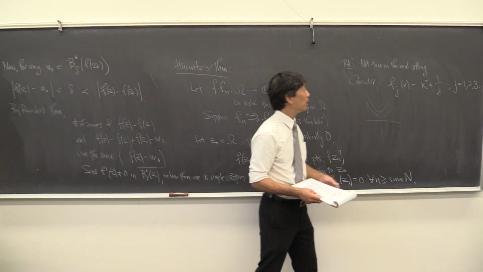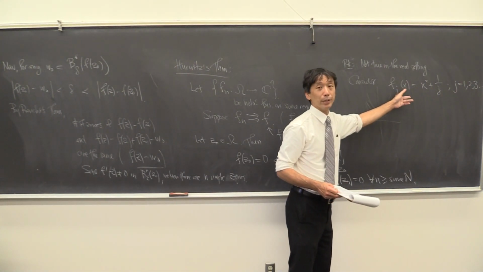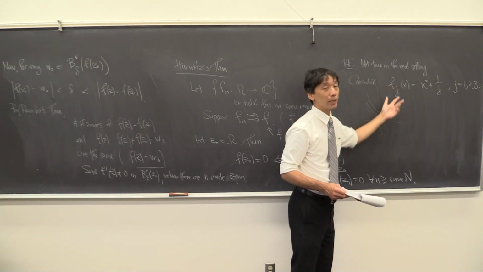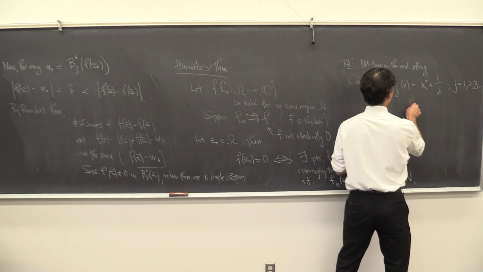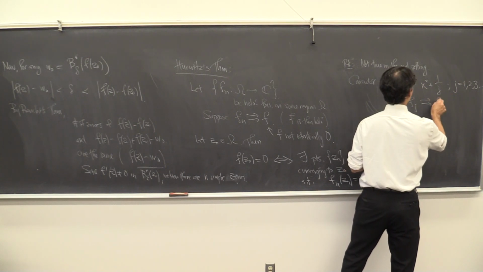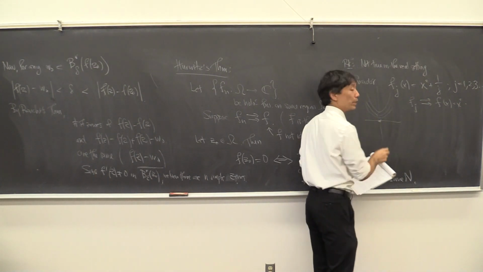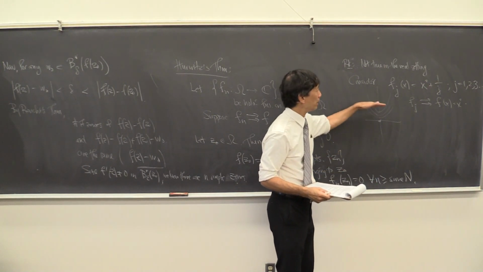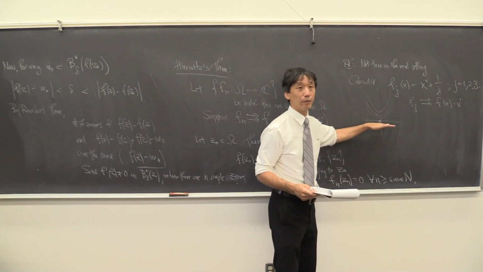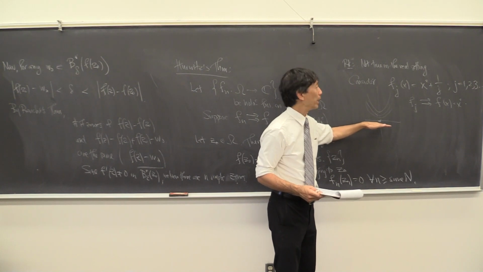None of them have zeros, but the thing that they're converging to has a 0. They converge uniformly to x squared, which has a double 0 at 0. So they've got no zeros, and then suddenly the thing that they converge to has a 0.